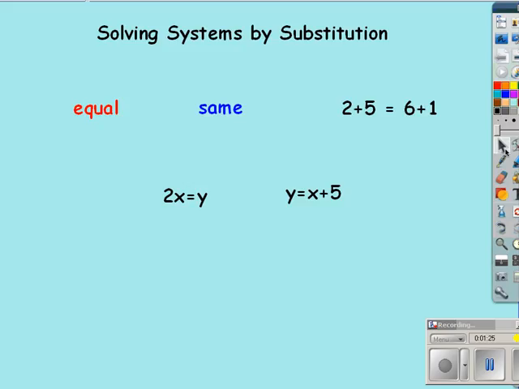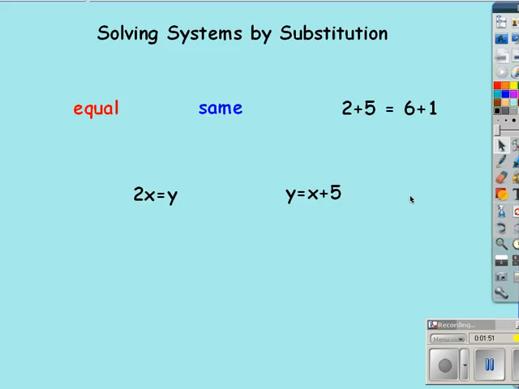And if I slide this over, you'll see that since both 2x and x plus 5 equal y, 2x is going to equal x plus 5. Because they both equal the same thing, the 2x is going to have to be equal to x plus 5. You can almost jump that middle piece.